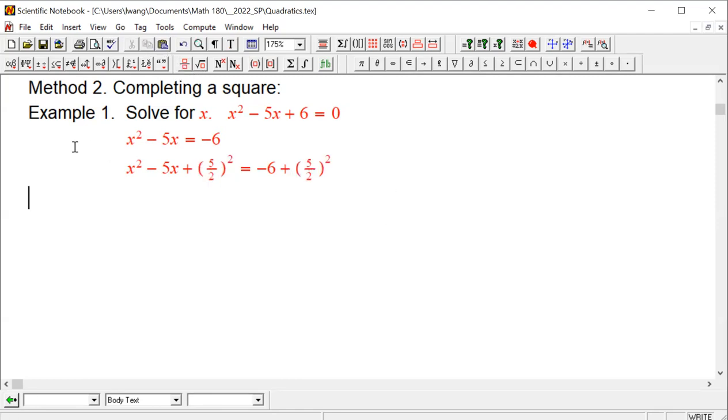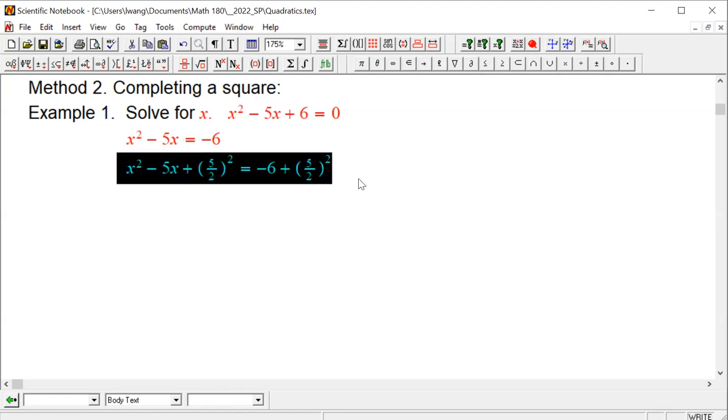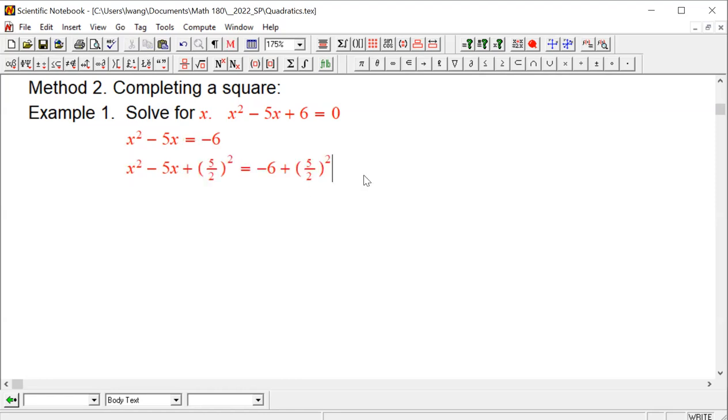So the idea is that if this is true, then this is true. We add the same number on both sides. So this is really principle number 4 being used. So what is principle number 4? Let's recall. Actually, principle number 3, sorry.